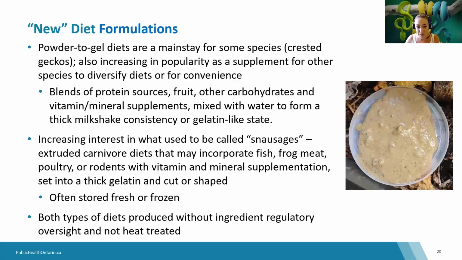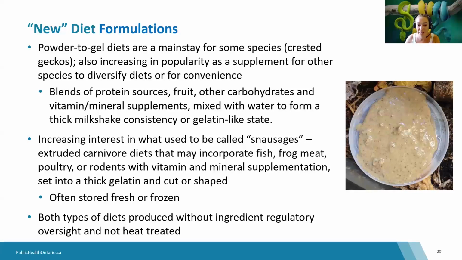This is increasing in popularity as a supplement for other species, either to diversify diets or for convenience, right? If you live in a small town, you can order this off Amazon and then you don't have to worry about going to a pet store and getting crickets and then housing crickets, and do the crickets get out in your house? These things are made from a blend of protein sources, often egg powder, powdered insect meal, powdered fruit, other carbohydrates, vitamins, and mineral supplements, and then it's mixed with water.